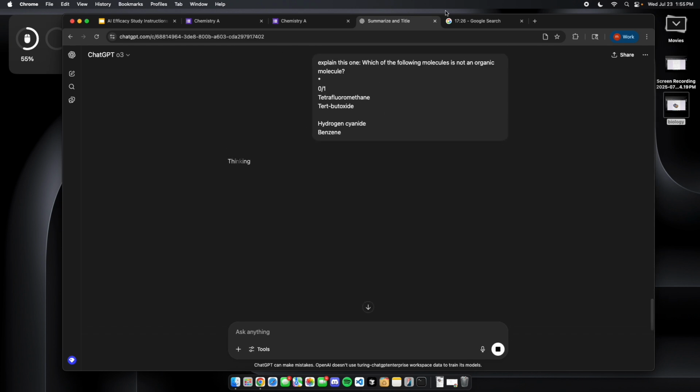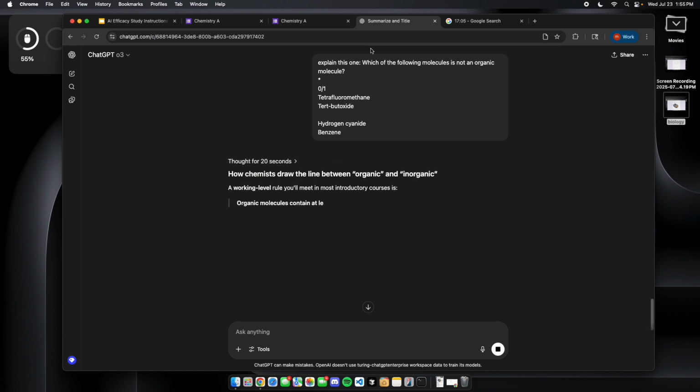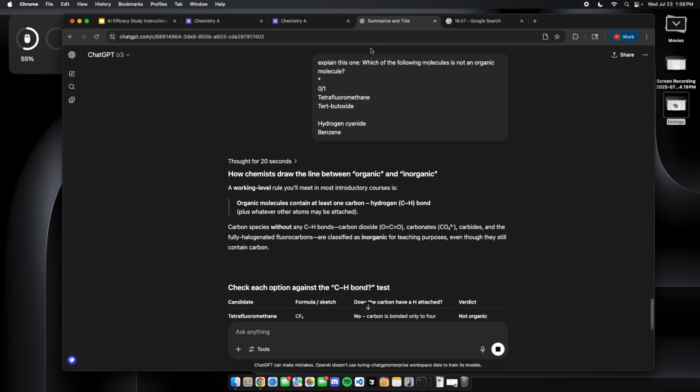Maybe I'll make it generate faster. Okay, yeah, that made it much, much faster.